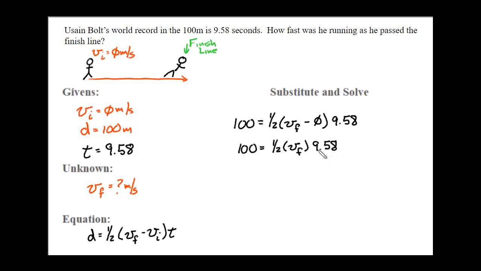I could take 1/2 of 9.58, or I could divide by 9.58 and then multiply by 2, which I think is what I'm going to do. I'm going to divide by 9.58. Whatever I do to the right, I got to do to the left, and I do that so that these cancel. But I need to divide this by 9.58.